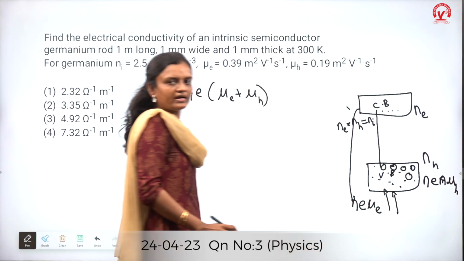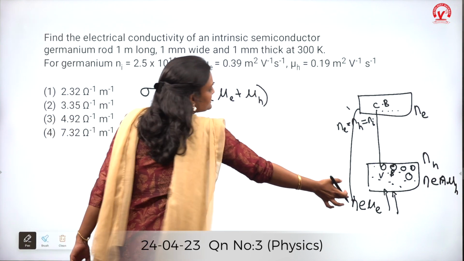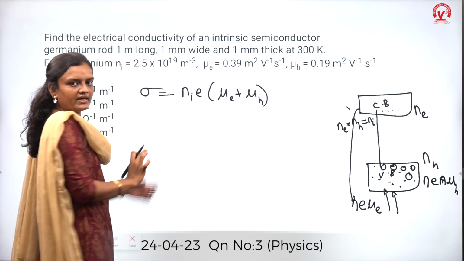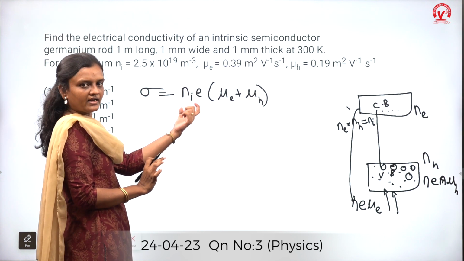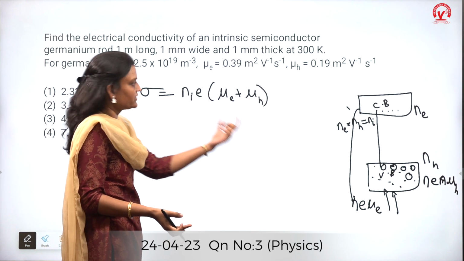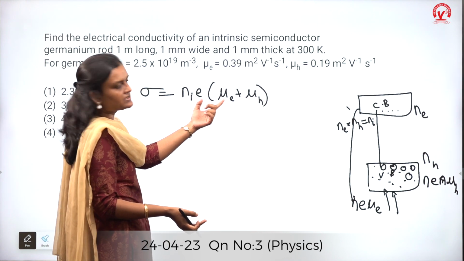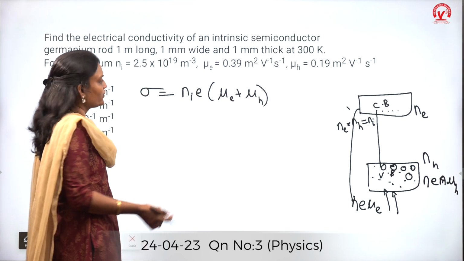Here n is the hole concentration. Now I wrote this expression: Ni is the intrinsic carrier concentration, e is the charge of an electron, mu e represents the mobility of electron and mu h represents the mobility of hole.